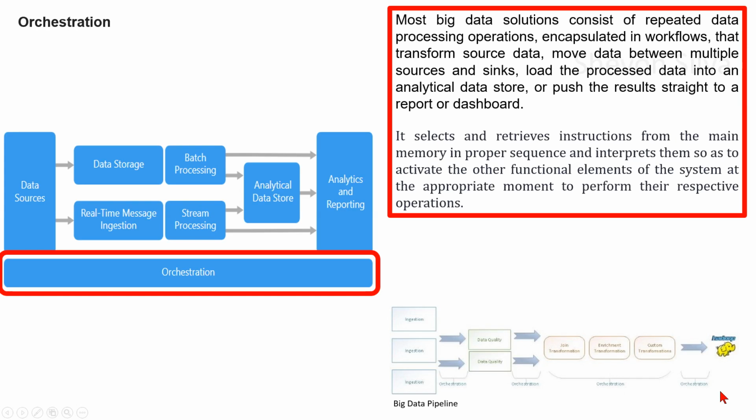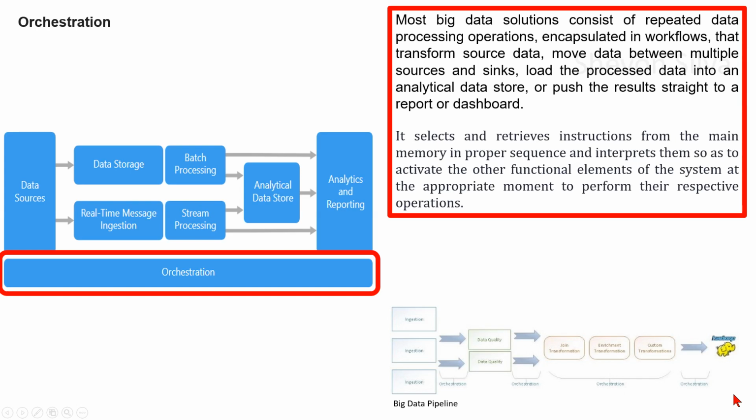However, if we look closely, each stage in a big data pipeline could be designed as a microservice, say ingestion microservice, data quality microservice, transformation microservice, etc. Most of the modern processing frameworks like Apache Spark are built with microservices architecture in mind.